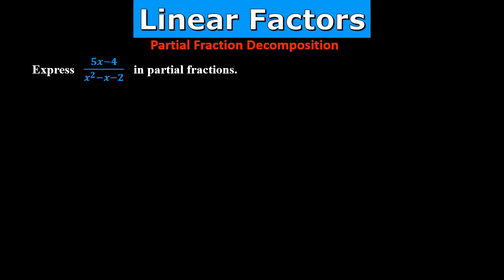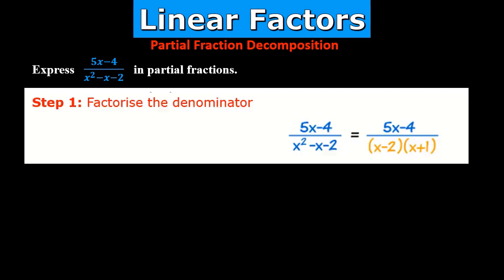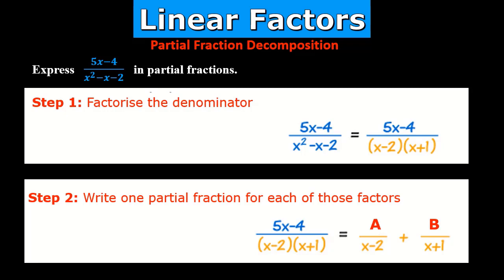We start with the linear factors. Step 1, we factorize the denominator. We notice that the denominator can be factorized into linear factors. Then step 2, we write one partial fraction for each of those factors.